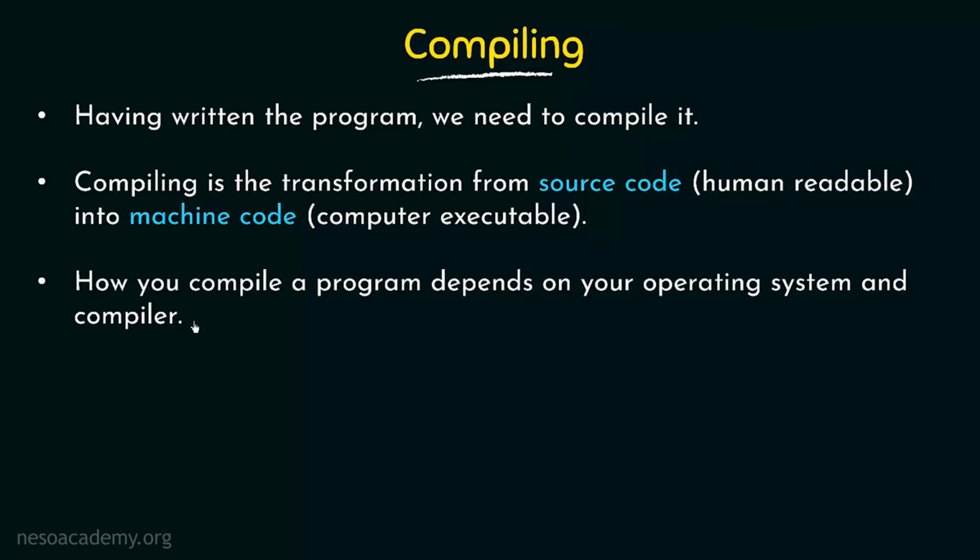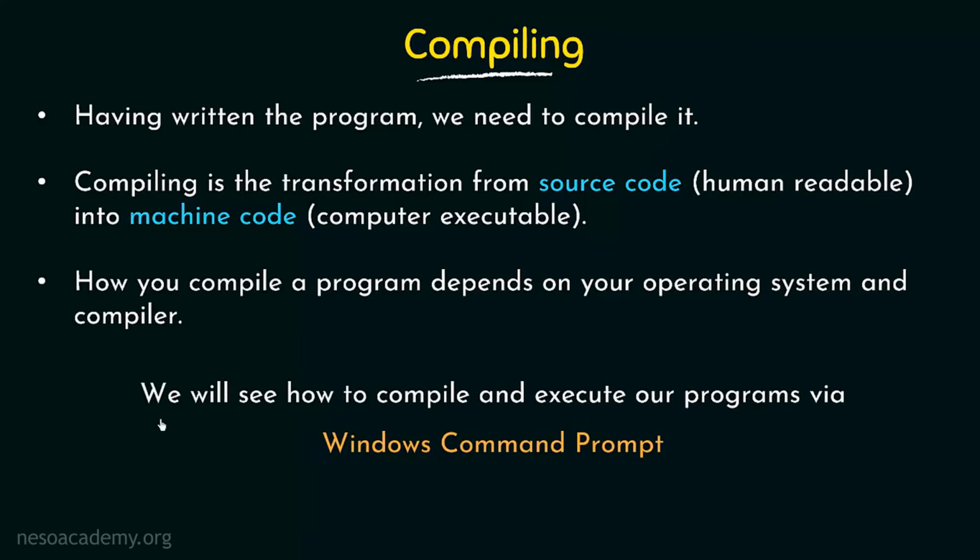Using that, I am going to show you how we can compile our programs via the Windows command prompt. If you remember, in the previous lecture we also installed Visual Studio Code, and even using that we can compile our programs. But in this lecture we are going to discuss how to compile using the Windows command prompt, and in the next lecture, we will see how to do it from Visual Studio Code itself. Okay, so let's see the steps.